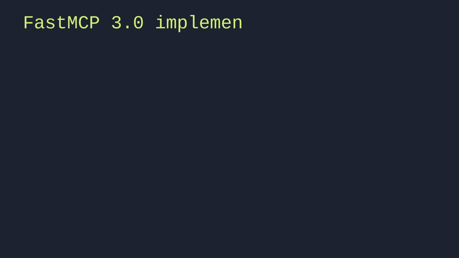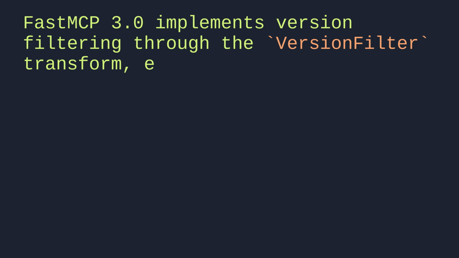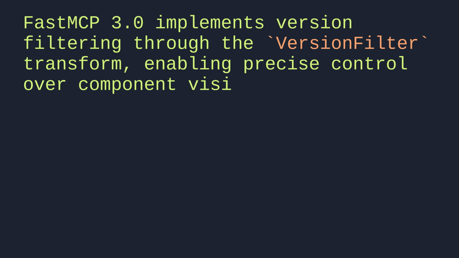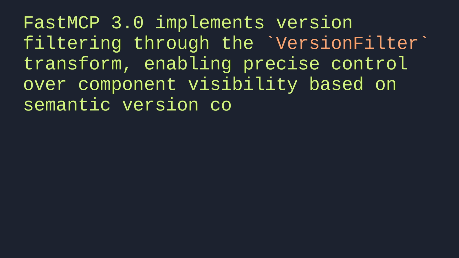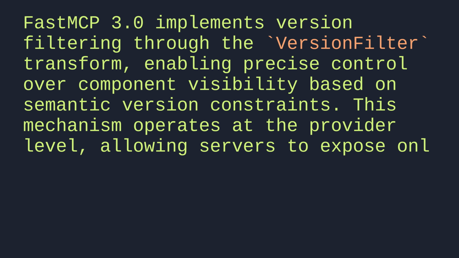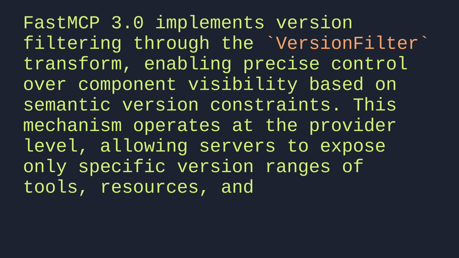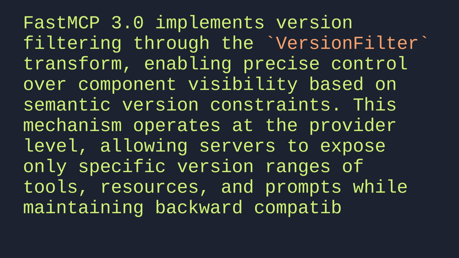FastMCP 3 implements version filtering through the VersionFilter transform, enabling precise control over component visibility based on semantic version constraints. This mechanism operates at the provider level, allowing servers to expose only specific version ranges of tools, resources, and prompts while maintaining backward compatibility.